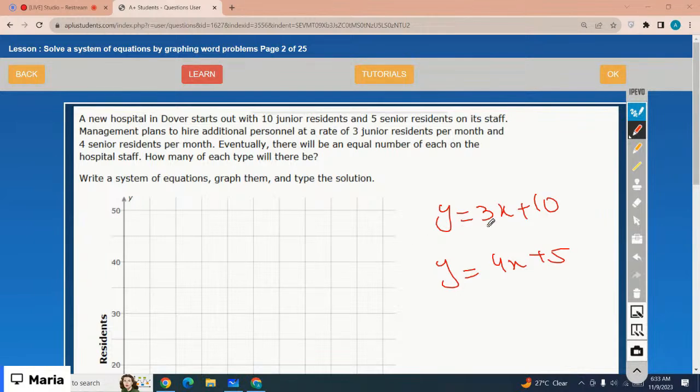So for equation number 1, the slope is 3, m equals 3, and the y-intercept is 0 and 10. For this one, slope equals 4 and the y-intercept is 0 and 5. This is the mistake I did earlier.